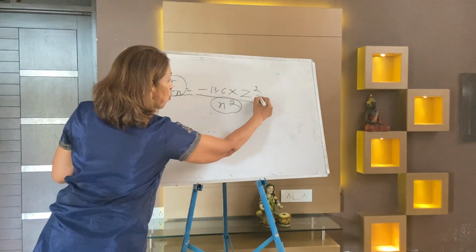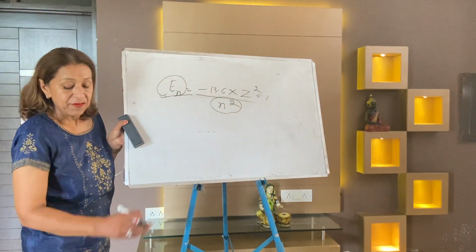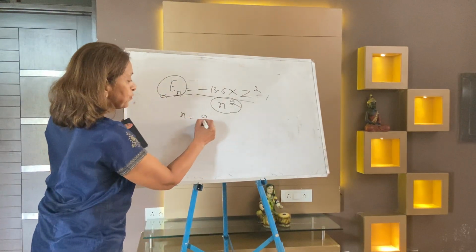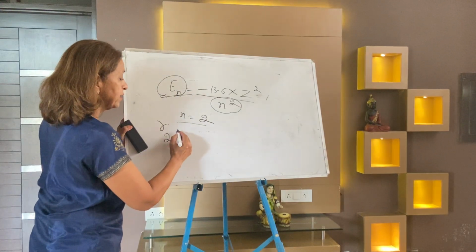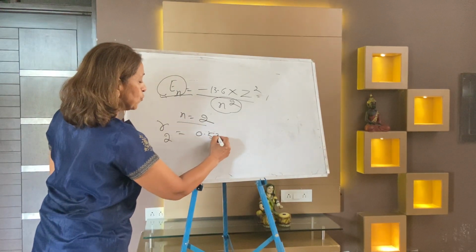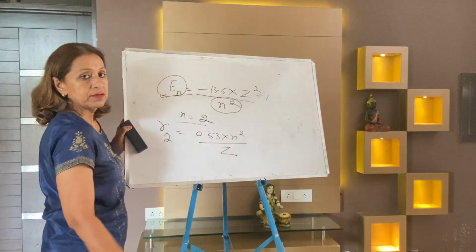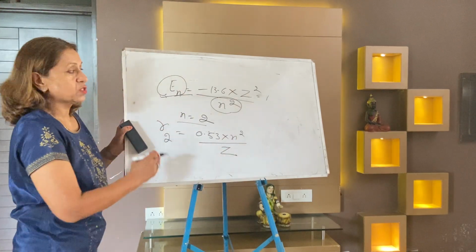Z is 1 for hydrogen, and calculate n. After calculation of n, the answer will come 2. So you calculate the radius. Radius of the second orbit is 0.53 into n square by z. Again, z is 1 for hydrogen, and n is 2 square.